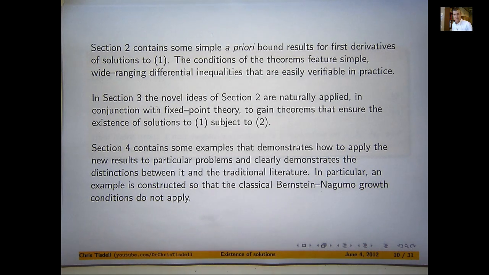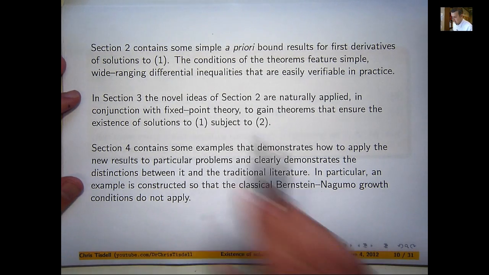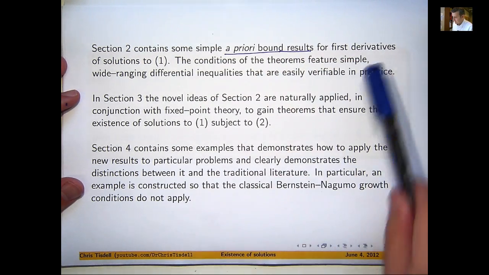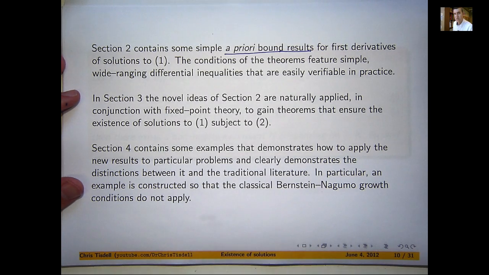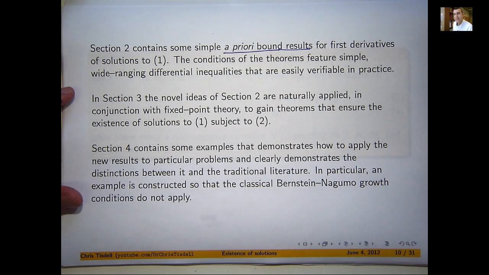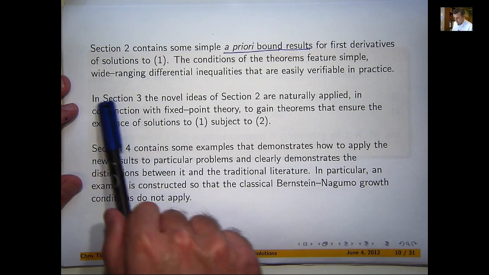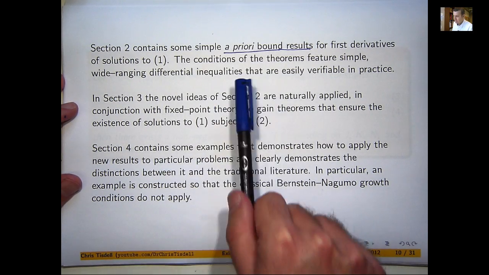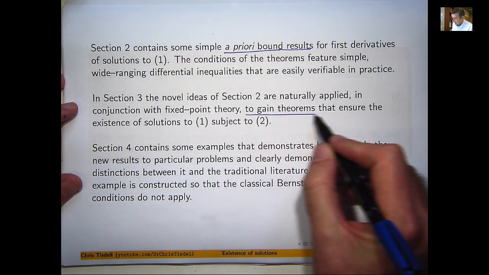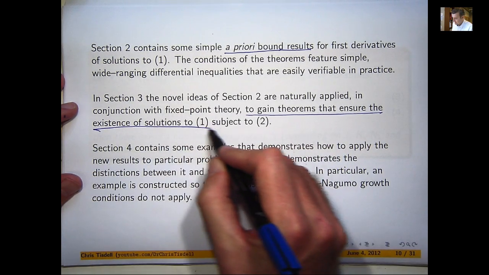Okay, so how is the presentation structured? Well, in section 2, I'm going to present some so-called a priori bound results for the first derivatives of potential solutions to the second order ODE, equation 1. And the ideas in the theorems involve really basic differential inequalities, inequalities that feature derivatives. In the next section, I'm going to apply the ideas from section 2 to gain theorems that ensure the existence of solutions.